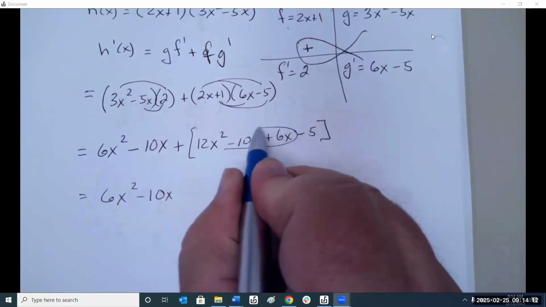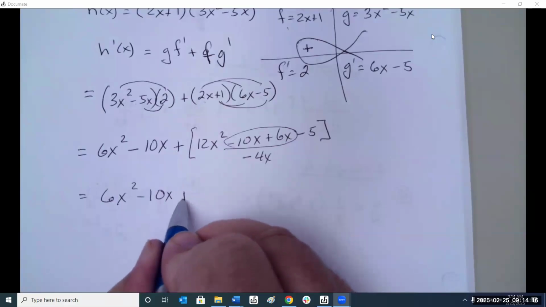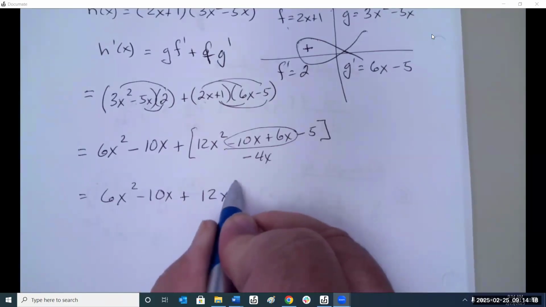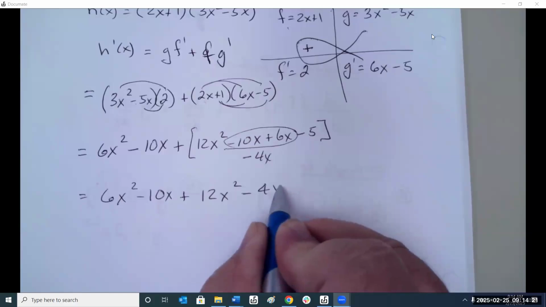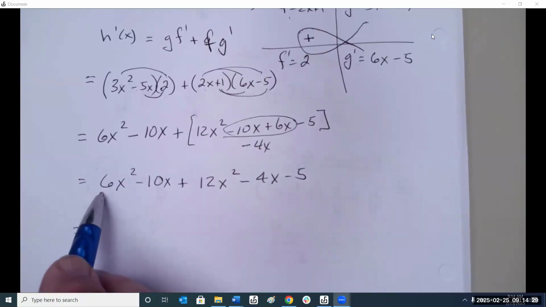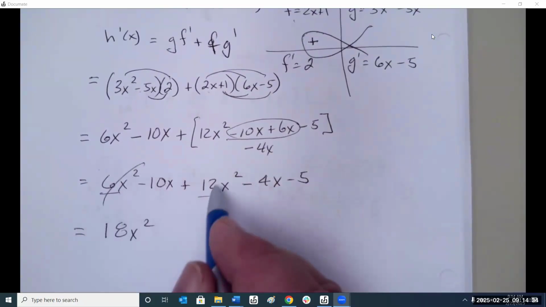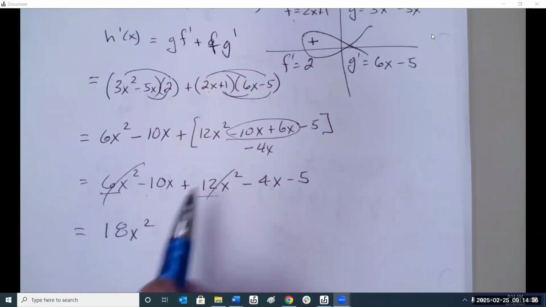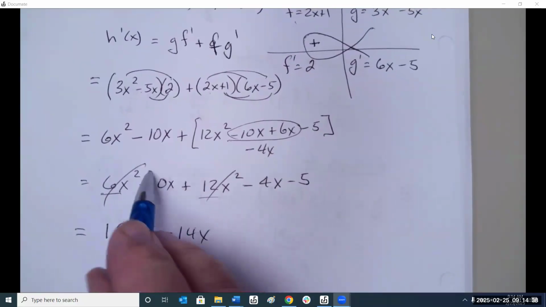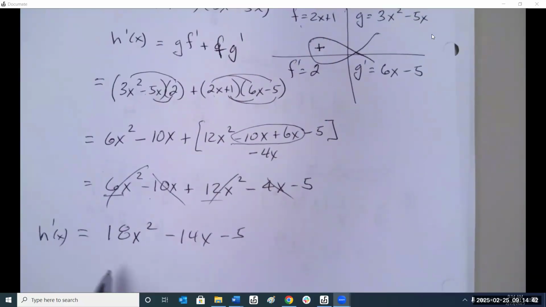Combine these two like terms. So negative 10 plus 6 is negative 4x. So it's 12x squared minus 4x minus 5. You all should be able to do this by now. This is just basic algebra here. Combine like terms. 6 plus 12 is 18. Negative 10, negative 4 is negative 14x. So there is my derivative.